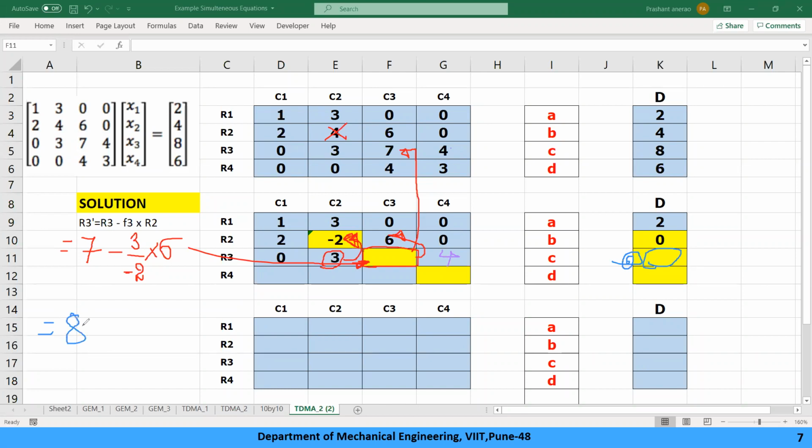So 8 minus the factor, which remains the same, 3 by -2, into the value just above it. What is the value just above it? It is 0. Okay, don't use the previous term. Don't use this 4, use updated values. So 0, so it becomes 8 only.